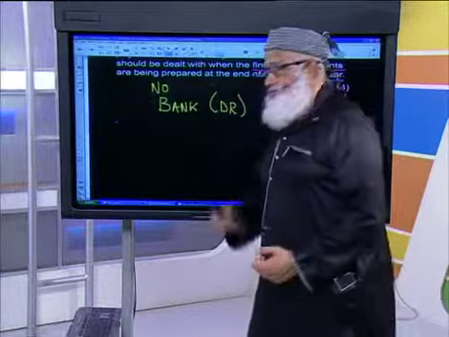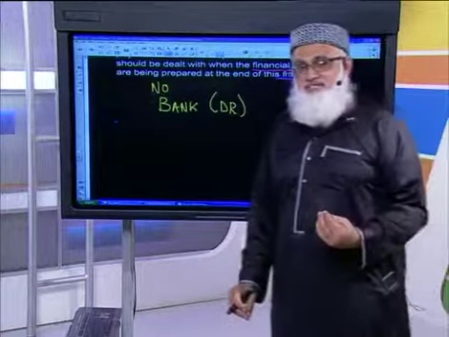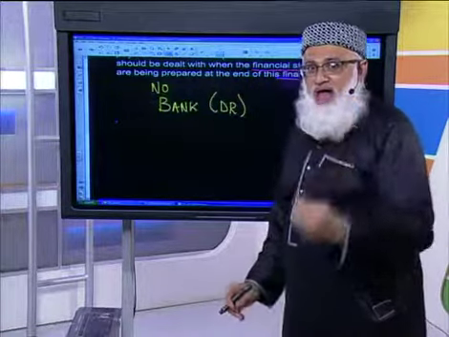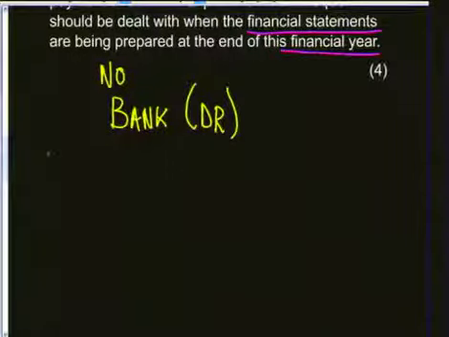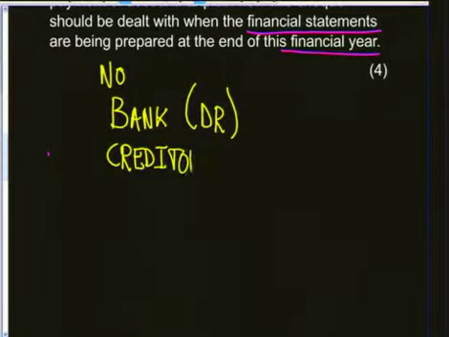So a debit to bank. What do we credit? We will now credit our creditors' control. And the reason we are doing that is to increase the liability.